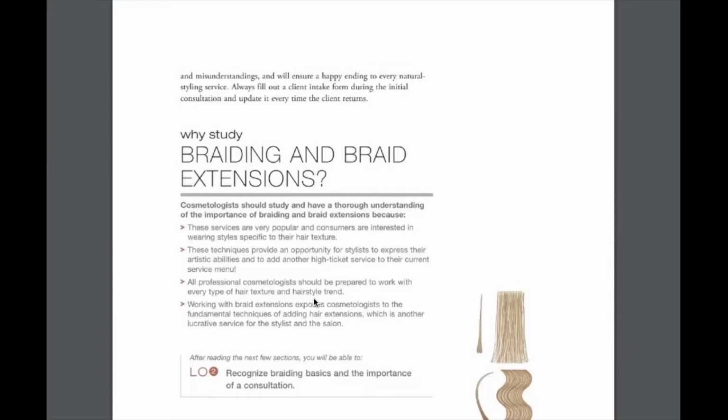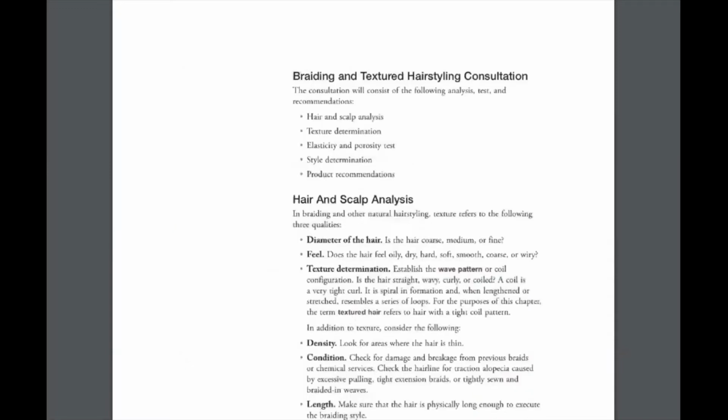Style determination and product recommendations. Your hair and scalp analysis: you have diameter of hair, the feel, the texture determination, the density, the condition of the hair, and the length of the hair.